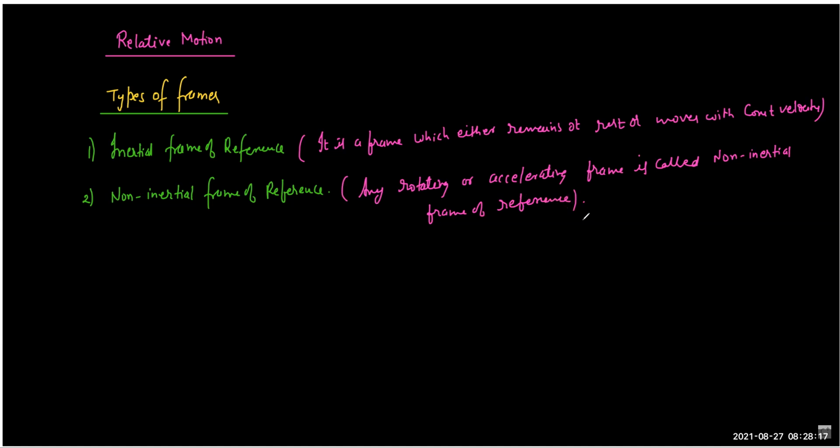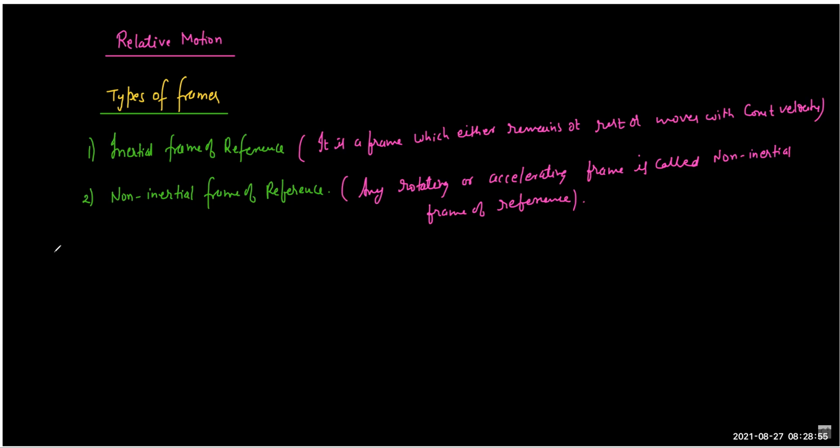So these are the frames. We have two types of frame, inertial and non-inertial. What is important to understand is that these are observational setups, and when you observe something, you will be in one of the two setups. You cannot be in a third setup. Any observer, when observing some event, must be either in the inertial frame or the non-inertial frame.